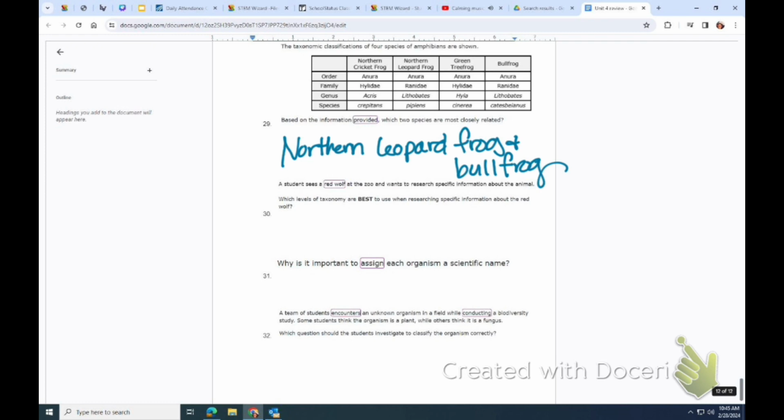A student sees a red wolf at the zoo and wants to research specific information about it. Which levels of taxonomy are best to use when researching specific information about the red wolf? Basically, what 2 levels of organization are used in naming an animal? Cadence that time? Yes. Genus and species.